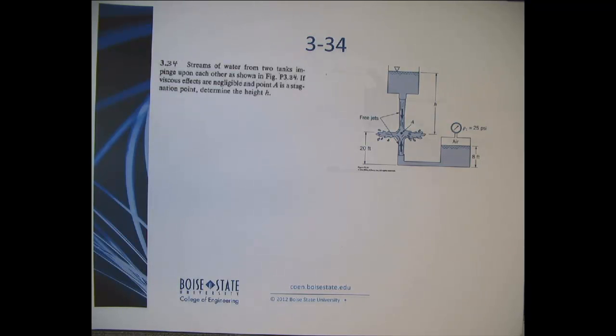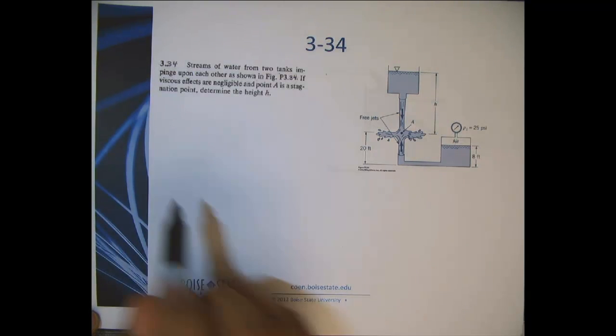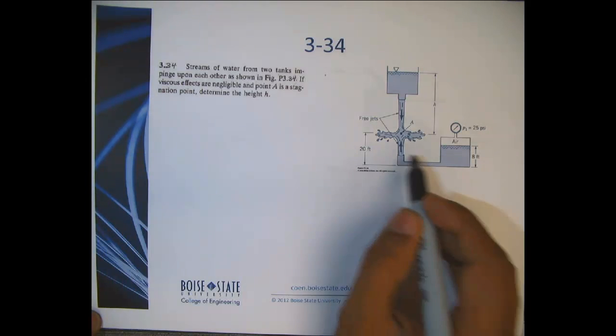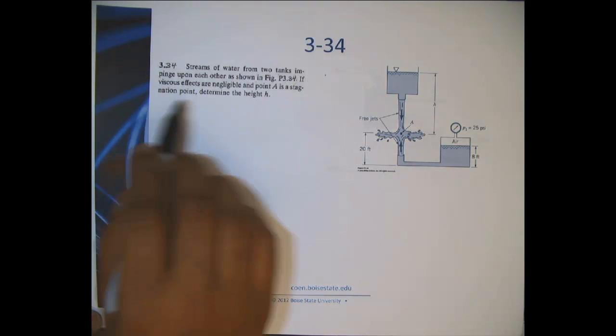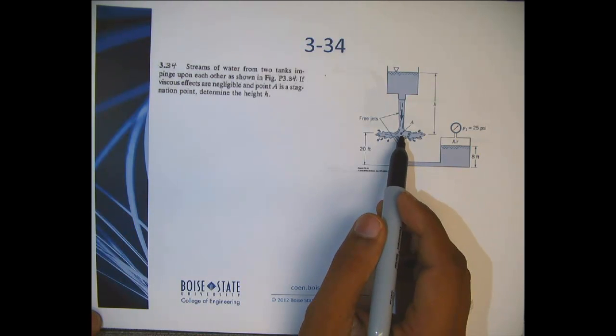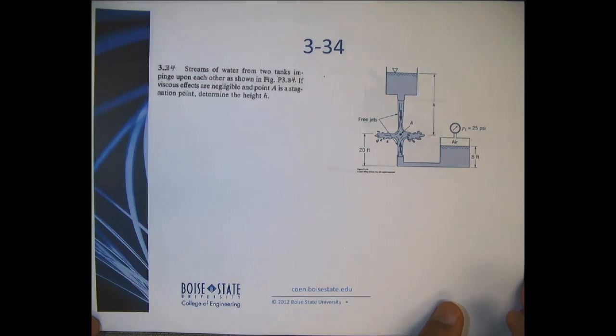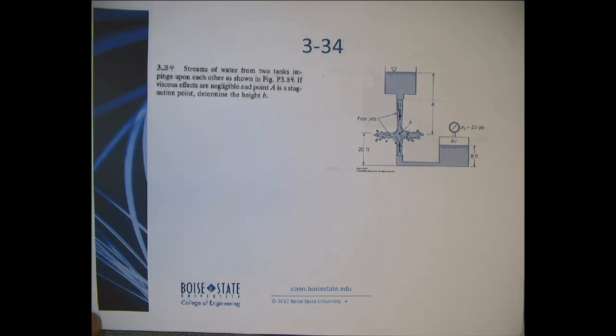Let's look at 334. Given streams of water from two tanks, these two tanks here, impinge upon each other as shown, and if the viscous effects are negligible and point A is your stagnation point, you're asked to determine this height h. Okay? So before we do that, let's identify certain points on the flow field where we can apply the Bernoulli equation.